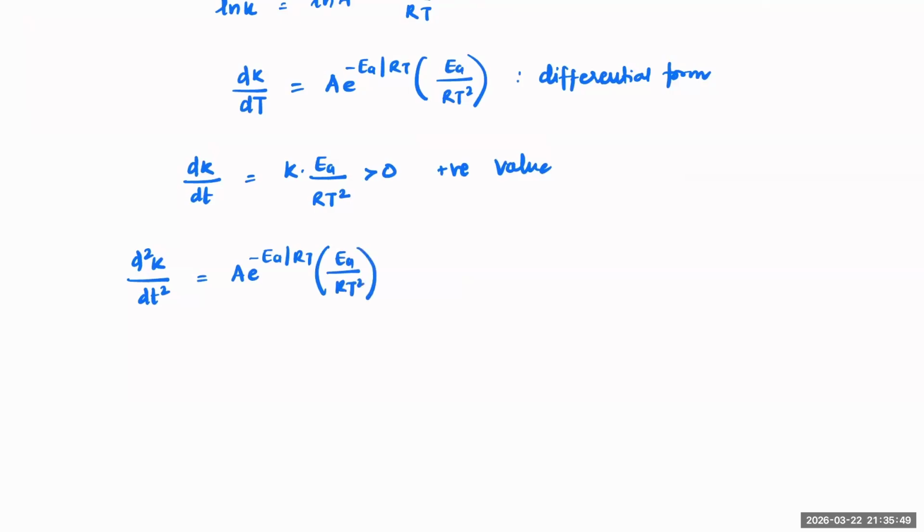Now I need to differentiate that. Oh, sorry. I can't do that directly, because it is in a U into V form. So that means I have to differentiate separately.